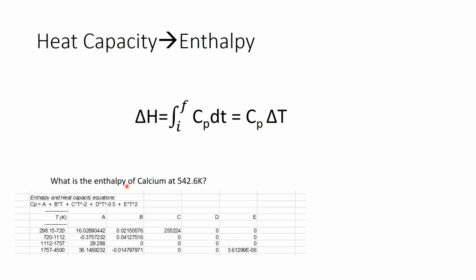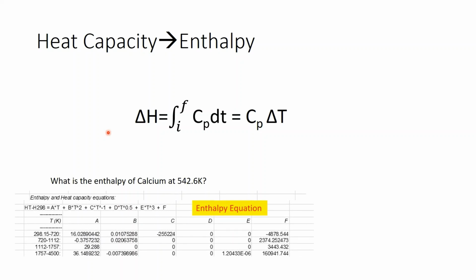All right, so we just worked out this problem. What is the enthalpy of calcium at 542.6 K? We're using the enthalpy equation, so we had to integrate. One thing I need to point out is if you're given the enthalpy equation, the H_T minus H_298 equation, which is really just the integral plus that constant to put everything together, you can just plug in 542.6 into the enthalpy equation.